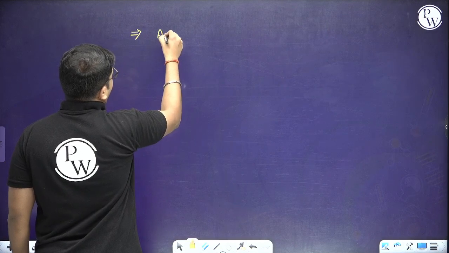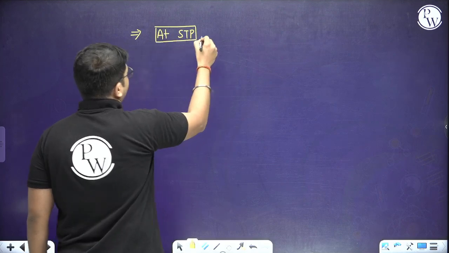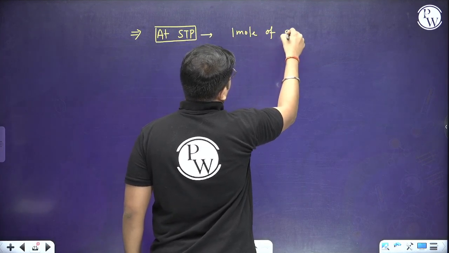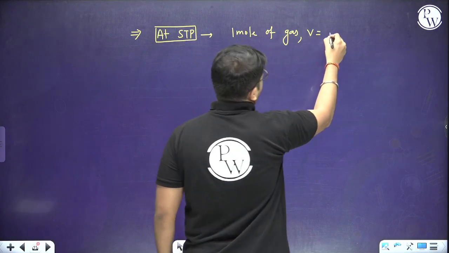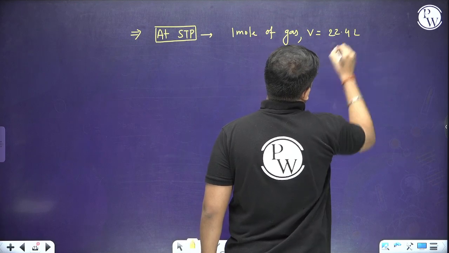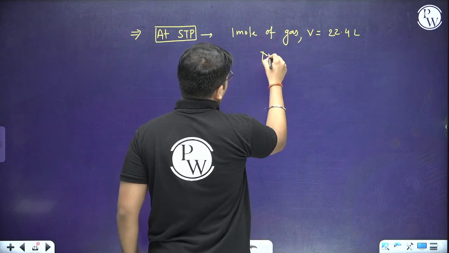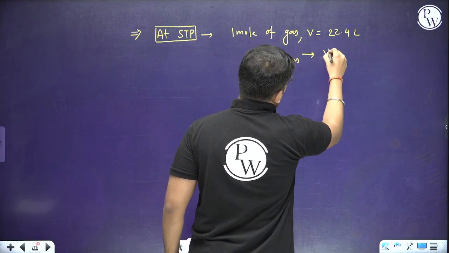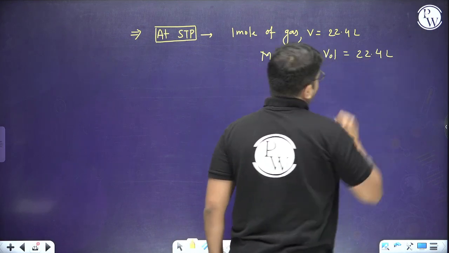So we know that at STP, 1 mole of gas has a volume of 22.4 liters. 1 mole of the gas means the molar mass of the gas occupies 22.4 liters.